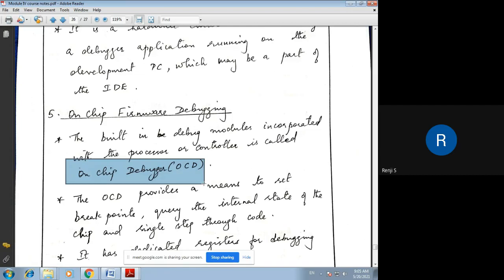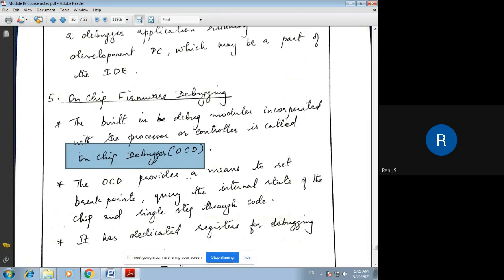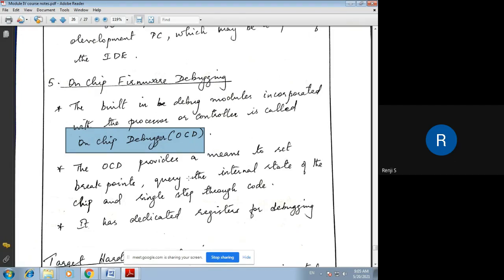So certain processors or microcontrollers come embedded with a debugging module, and that is called the on-chip debugger, or OCD. This OCD also provides a means to set breakpoints. Any debugging tool helps us to set up breakpoints and find out the internal values of registers or memory locations. Because we want to find out what is going wrong, and most of the values after computation will be stored either in registers or in memory locations.